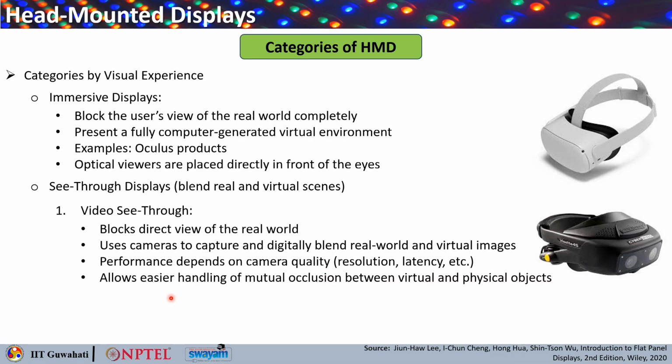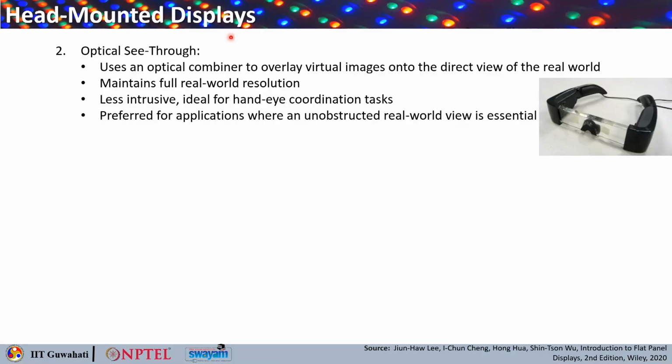Here the performance depends on the camera quality, its resolution and latency. However, it is easier to handle the mutual occlusion between the virtual and the physical objects, because both are now in the virtual domain.